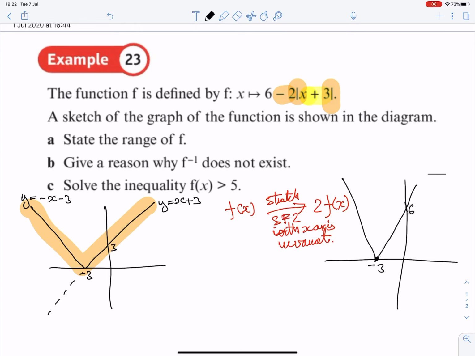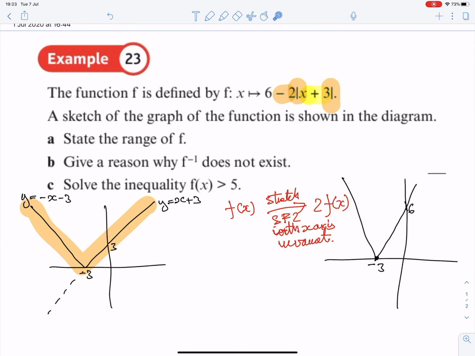If we take the equation of the original line y equals x plus 3, multiply it by 2, we get y equals 2 lots of x plus 3. So that's 2x plus 6. The other half of the graph is y equals 2 lots of negative x minus 3.